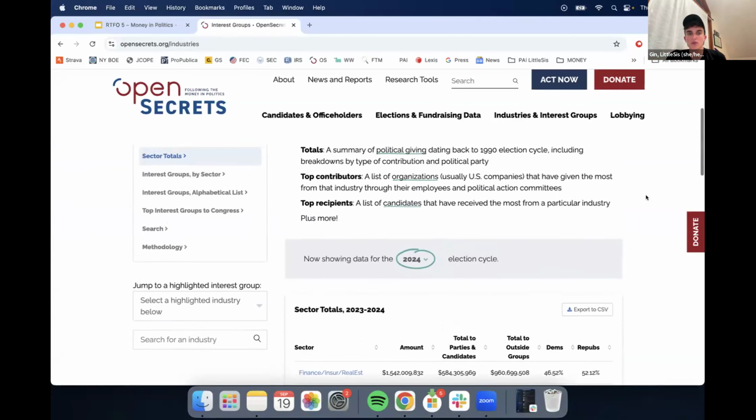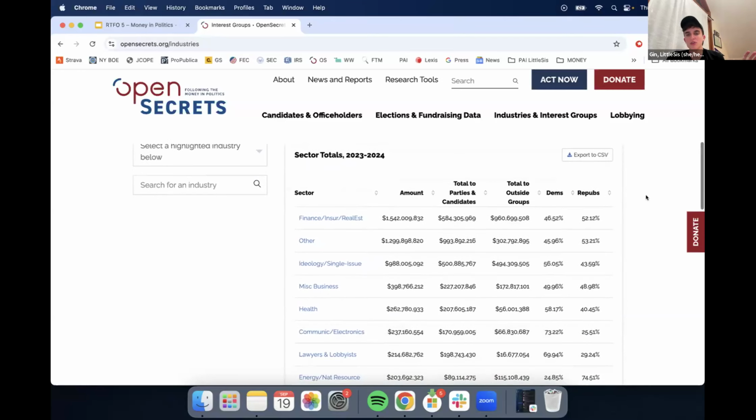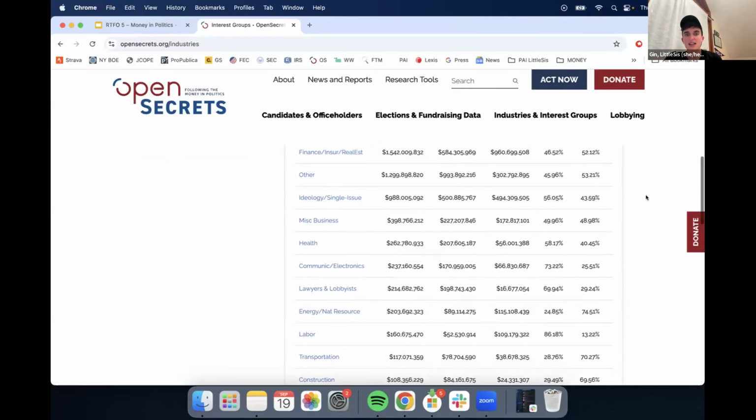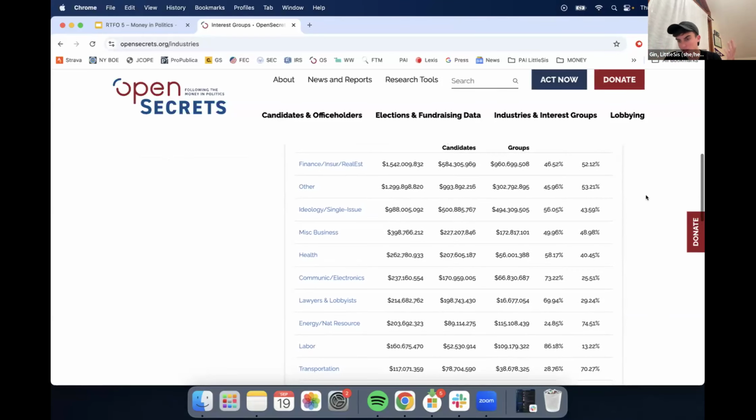What's great about this is you might be looking at huge lists of donations from oil and gas corporations or individuals that list that, but it's really hard to add all of that up. Open Secrets has done that work for us.